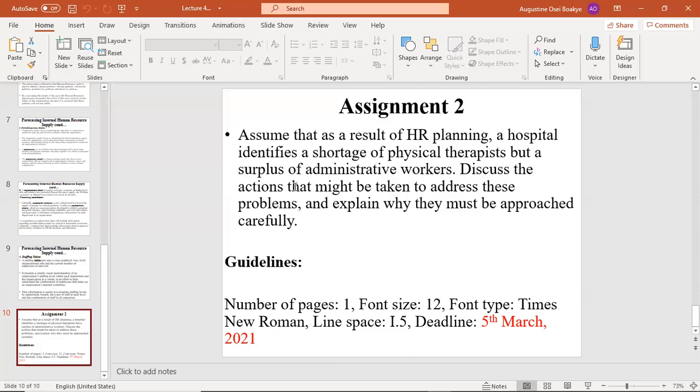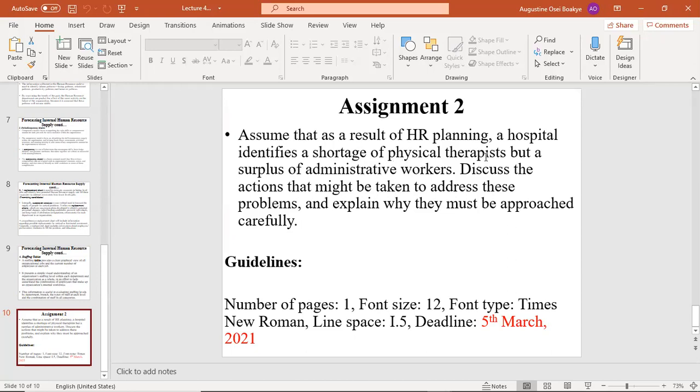It's still talking about the human resource planning process, where after doing your demand forecasting and supply forecasting, you have matched the outcome of the two in terms of the comparison of the numbers. And you have realized that within the administrative unit there is going to be a surplus, which means in future you are not likely to need all those administrators you have now.